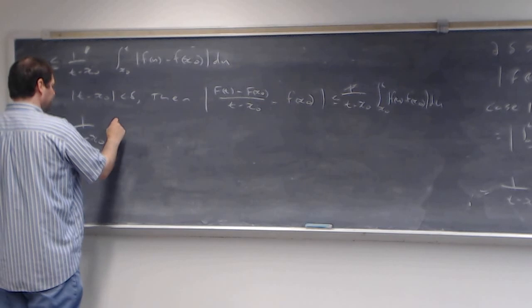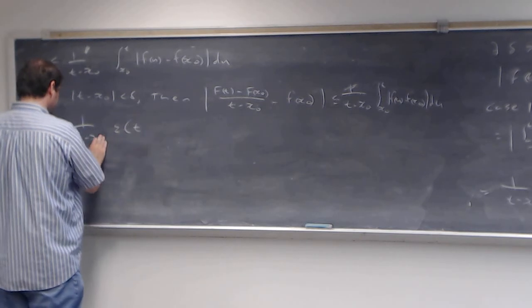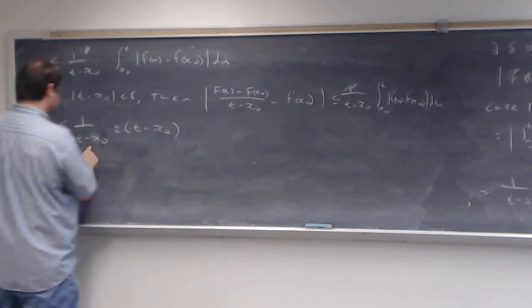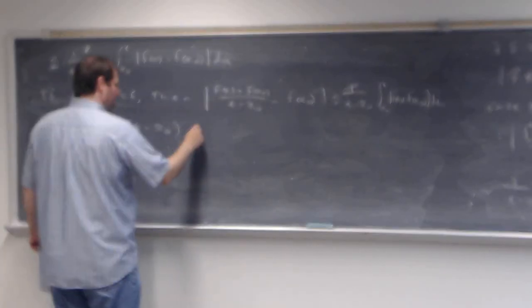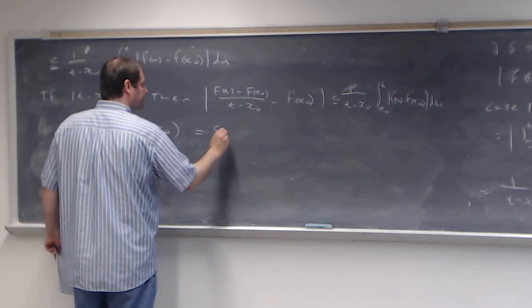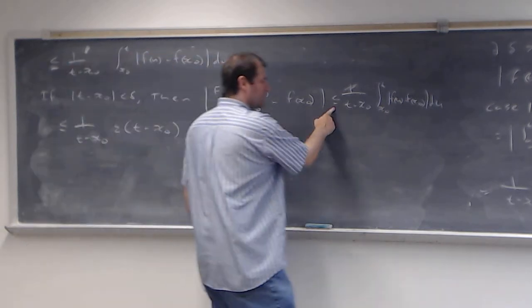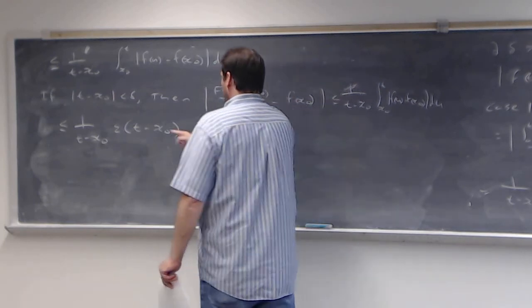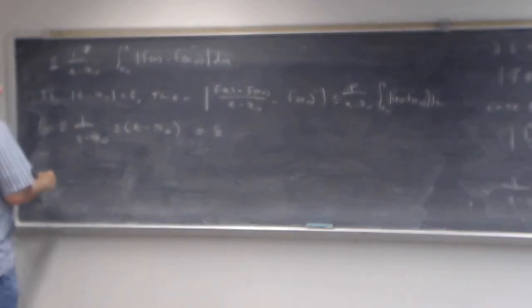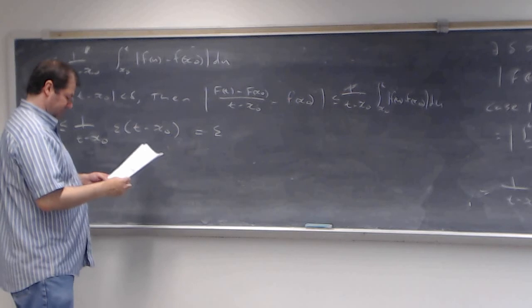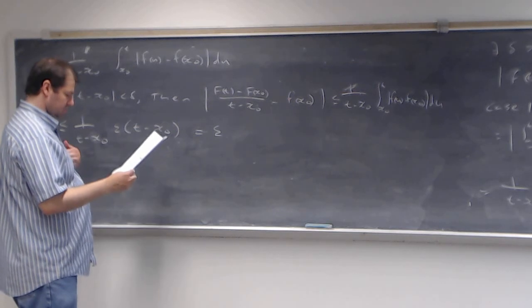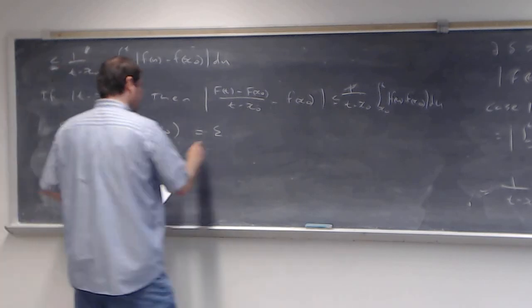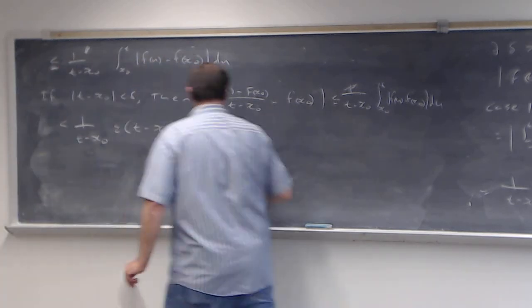So here, this is going to be epsilon times t minus x naught. And these t minus x naughts cancel, so we just say that's equal to epsilon. I put less than or equal to here, but really I'm replacing this with epsilon, so it's really strictly less than.